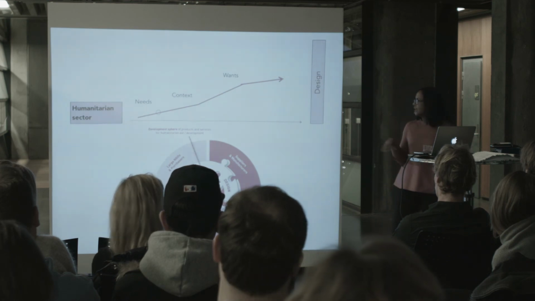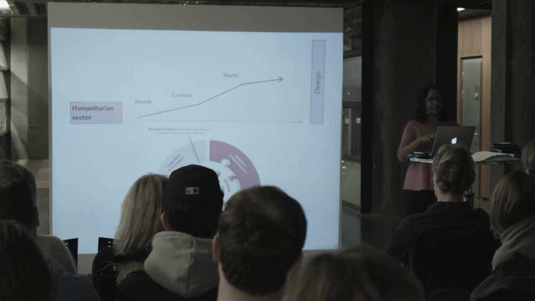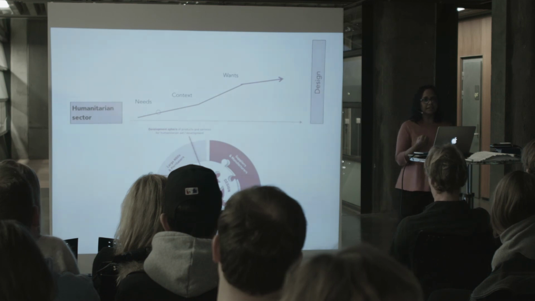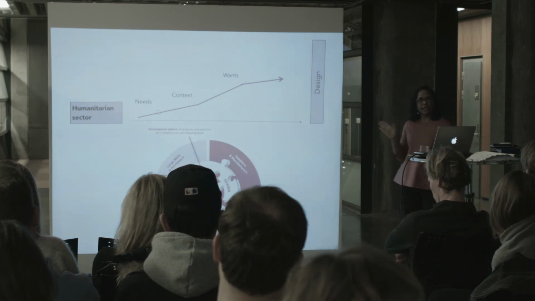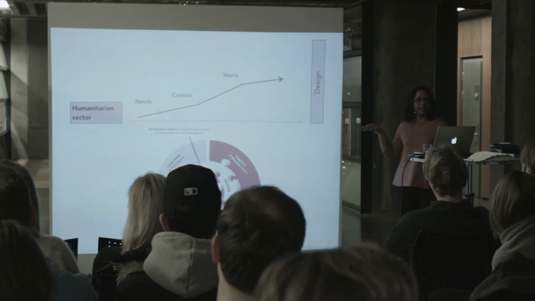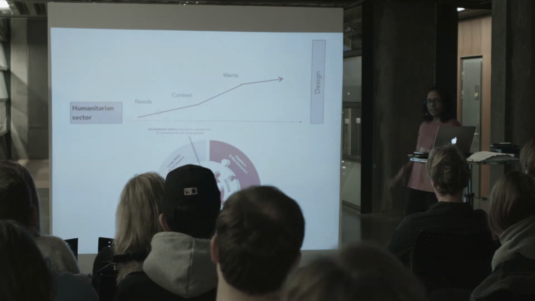It's a challenge. So human-centered design is still at the stage where you're trying to solve the basic needs of the humanitarian sector. The challenge lies in developing those products for this different context, and it's a very complex problem.